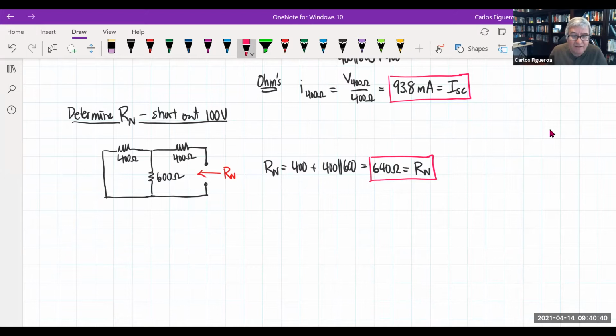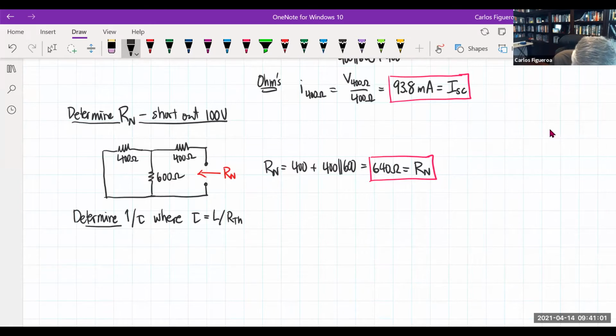Now that I have that, I have to calculate the inverse of tau. So now we want to determine 1 over tau, where tau for the inductor is L divided by RTH.